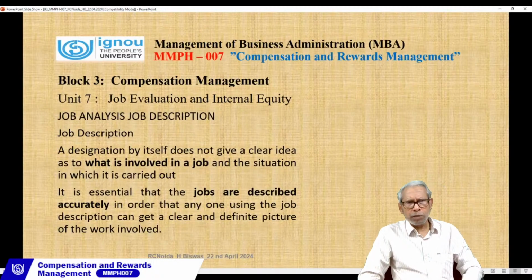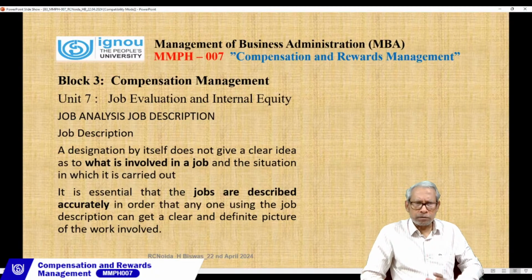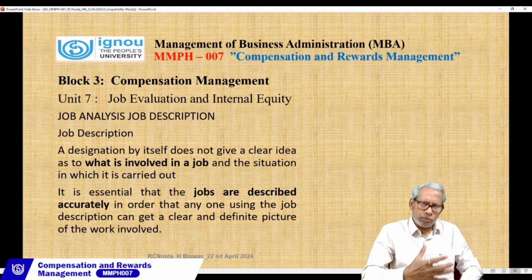Now the job description. A designation by itself does not give a clear idea as to what is involved in the job. Suppose the post is marketing manager; sometimes it is not clear what exactly it involves. So some description should be there: responsibilities, tasks, what things should be derived.